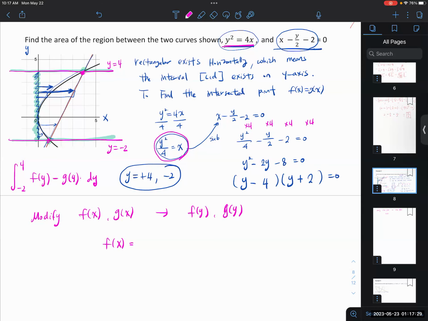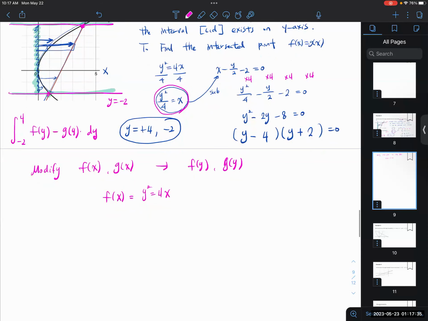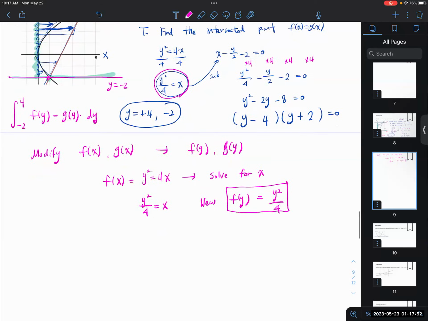So y squared equals 4x, right? So we're going to solve for x. When you solve for x by dividing by 4, the new f of y will be y squared over 4. This is a new y.